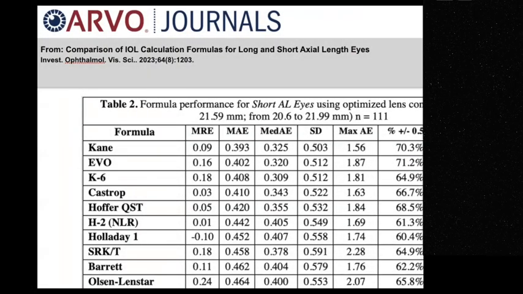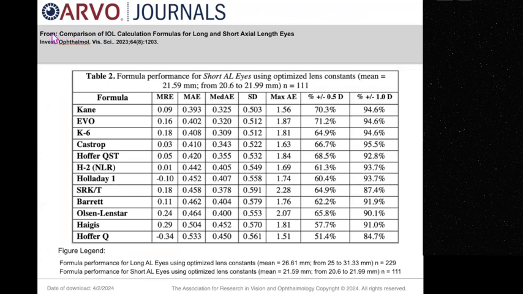Look at this. You go to this article and you will see the best formulas for long and short eyes. Long means 25 and above. Short means 22 and below. What is the best?